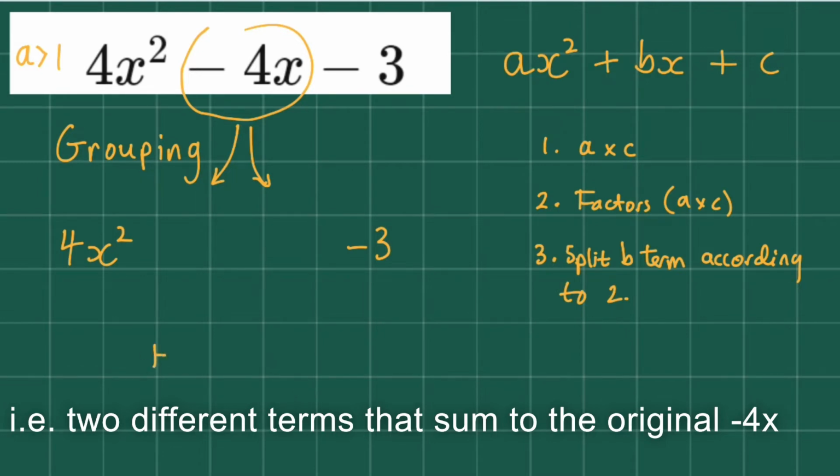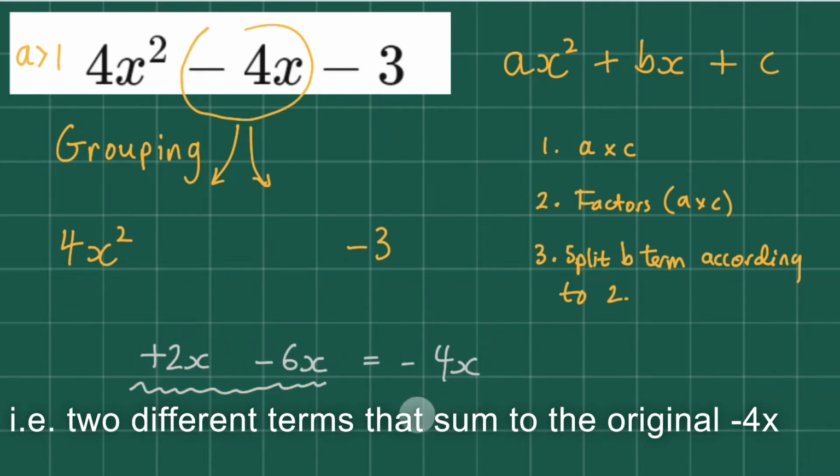I'm going to write this here just to remind me what I've got. And then we're going to take away the 6x, and that will give us the equivalent expression of -4x. As you can see, if we wrote this, it would be the same as -4x, so it's an equivalent expression.